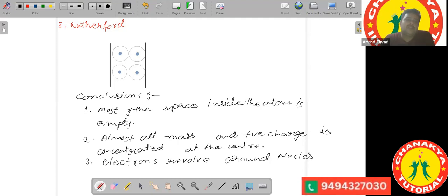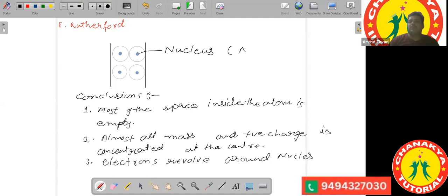All the protons and neutrons are concentrated within the nucleus, and the negative charges, the electrons, revolve around the nucleus. Since Rutherford explained all the results of his alpha particle scattering experiment on this basis, he was the one who introduced the nucleus. That is why his model is also called the nuclear model of the atom.